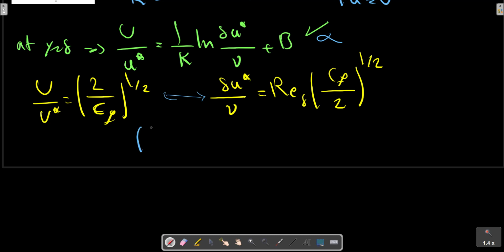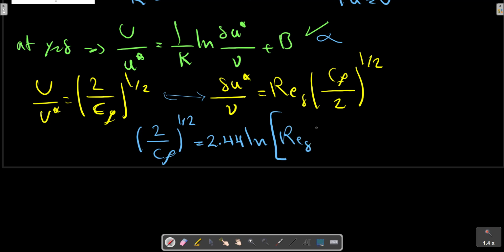The final relation is, plus 5. This is a complicated law, but we can solve for a few values and list them for values of Reynolds number.